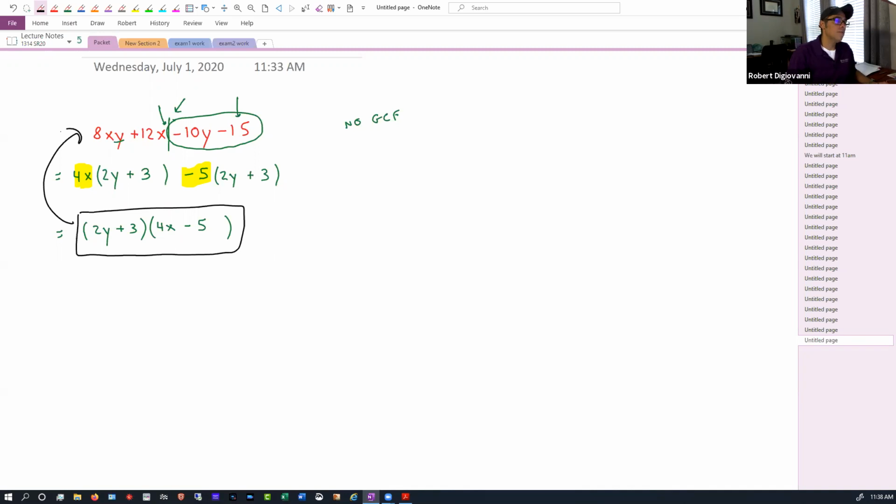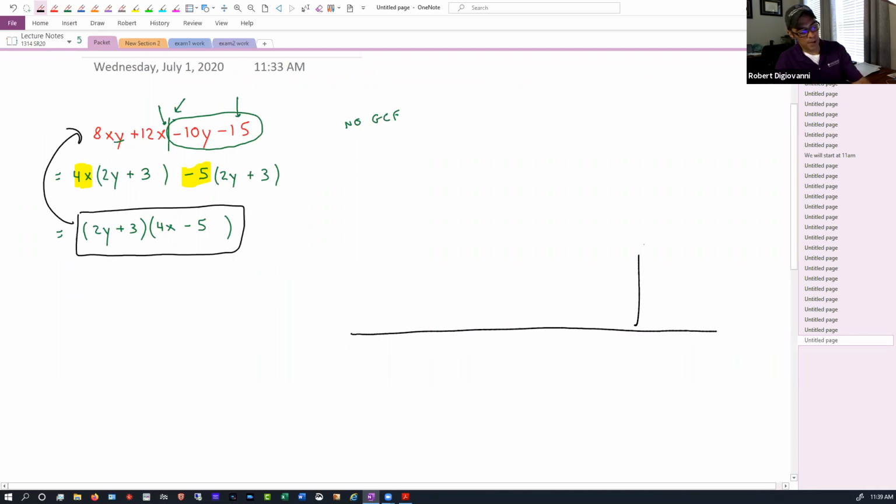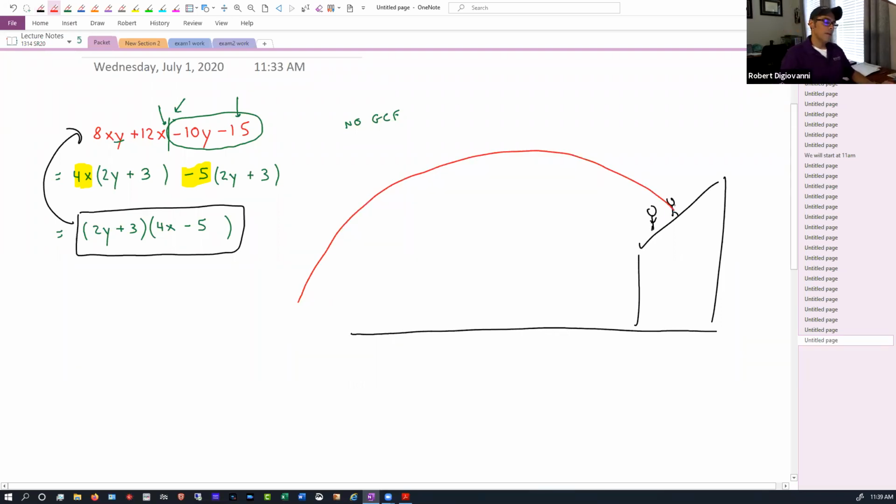But you could use this in the real world. I know there's no sports going on right now, but in a baseball stadium, you've got all these fans sitting in the stands, and someone hits a ball, a home run, and it goes over here and hits into the crowd. Then the broadcaster says that home run went 405 feet.